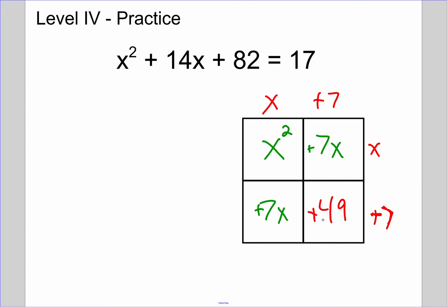So we need this term right here to be 49. So what is it that we need to subtract from 82 to get 49? 33. So we'll go ahead and subtract 33 from both sides.